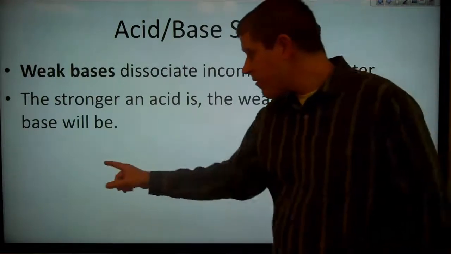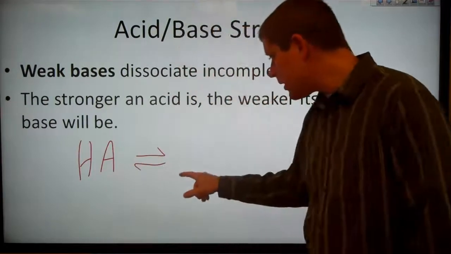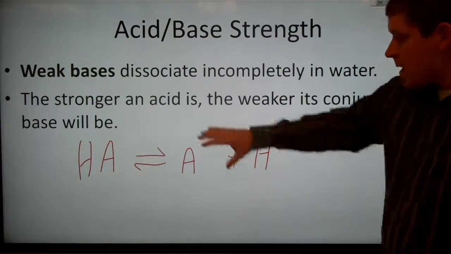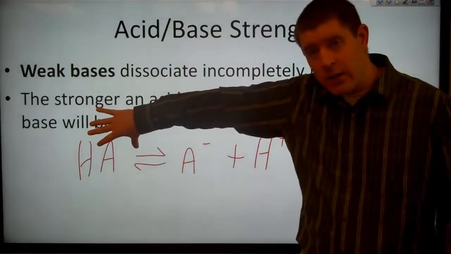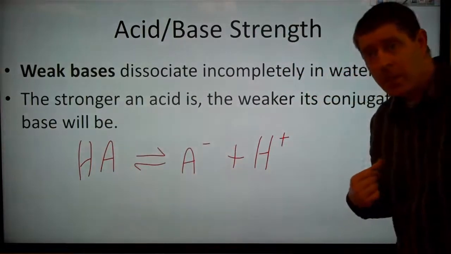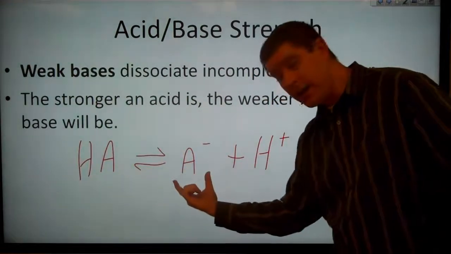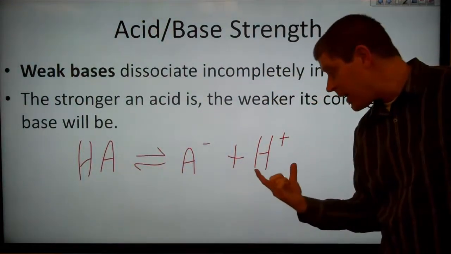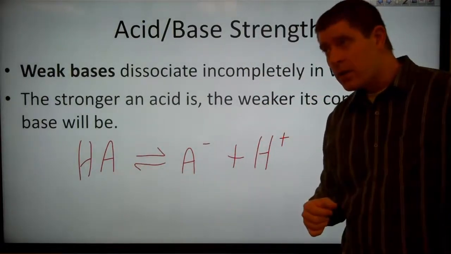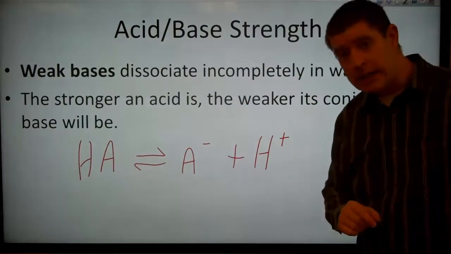Because if we have our HA dissociating into A minus and H plus, if HA is a strong acid, that means that all of the molecules exist in this form. But if all of the molecules exist in this form, that means that this backwards reaction, where we recombine our conjugate base and the proton to form our acid, is very unlikely, because none of them exist in that form.